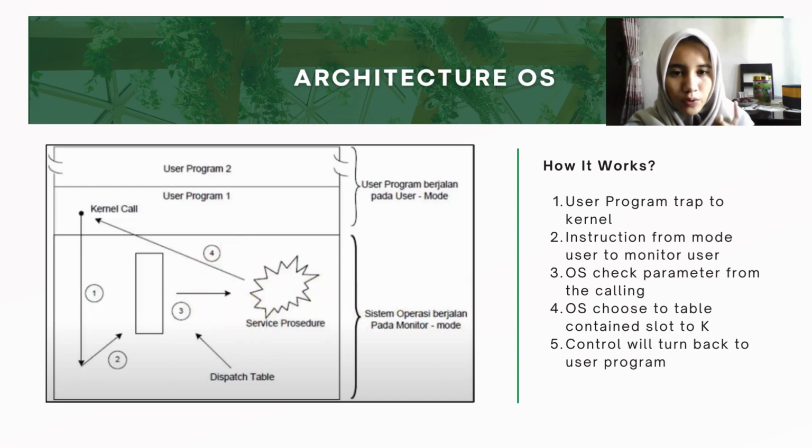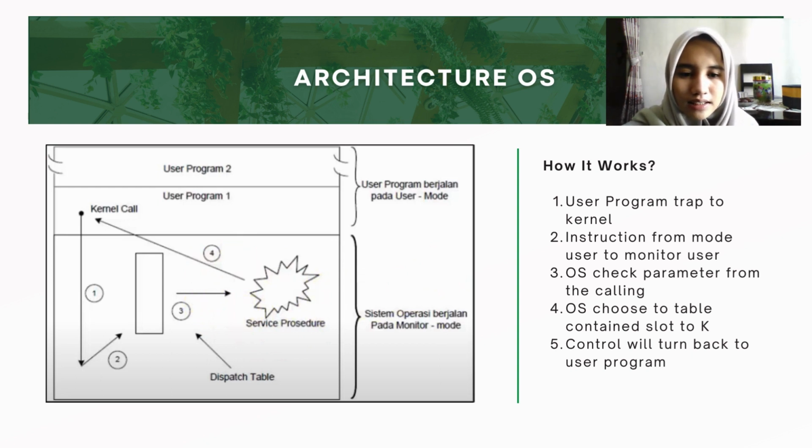Okay, the question is how the operating system architecture works. I will explain the steps one by one. The first point you can read in the picture is the user program traps to the kernel. The next is the instruction from user mode to monitor mode.